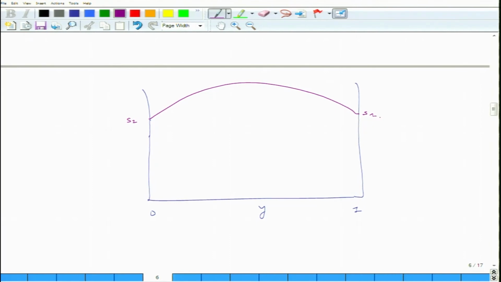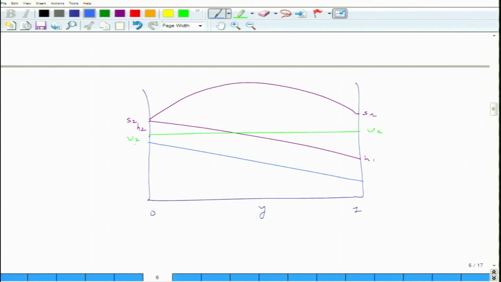Okay. This may look like for enthalpy. Okay. This may look like for internal energy. Okay, and this may look like for volume, molar volume. Okay, and this may look like for the Gibbs free energy.